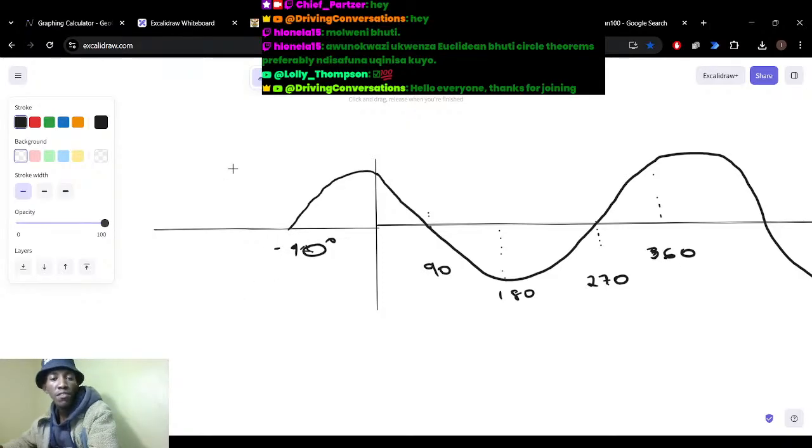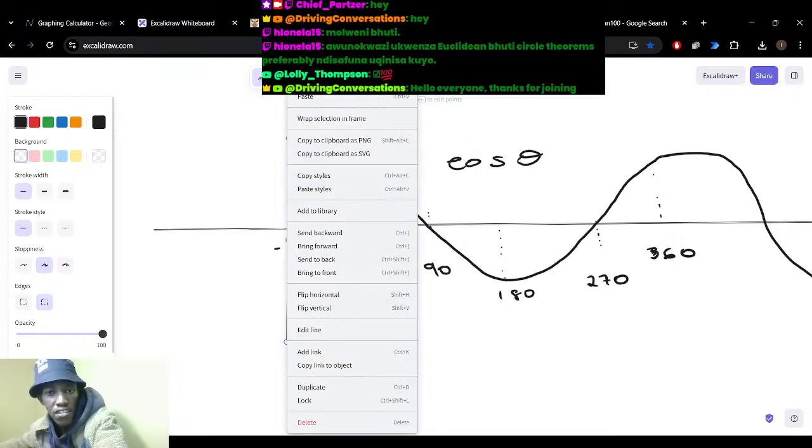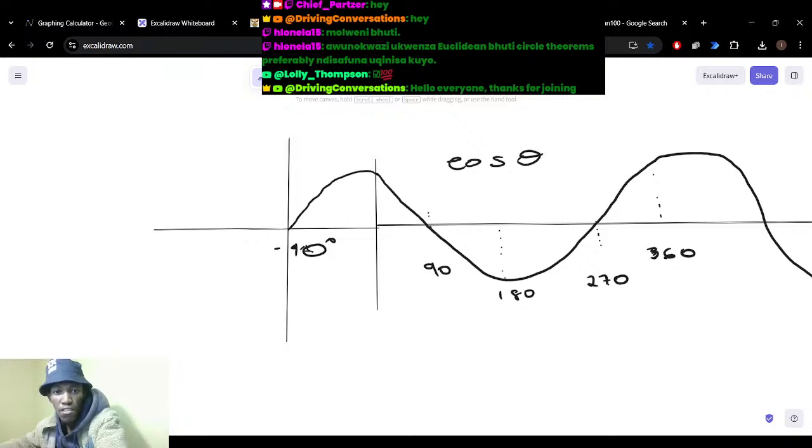So if we shift the graph of cos theta, this is cos theta, 90 degrees, meaning we shift the y-axis 90 degrees, shifted up. And then let me just remove the x-intercept.